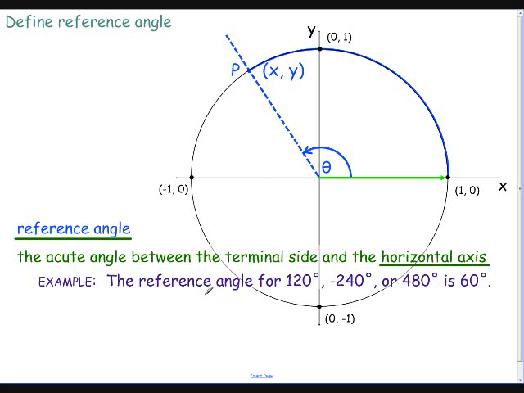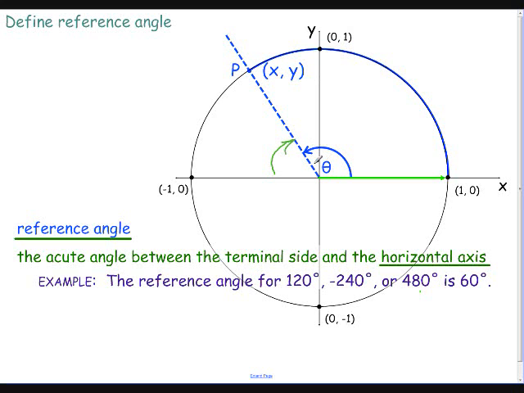For example, the reference angle for 120 degrees, here it is, or a negative 240, remember that would be coterminal, or 480, we go around 360 and then another 120. All of these have the same reference angle. It's the acute angle, which is this one, isn't it?